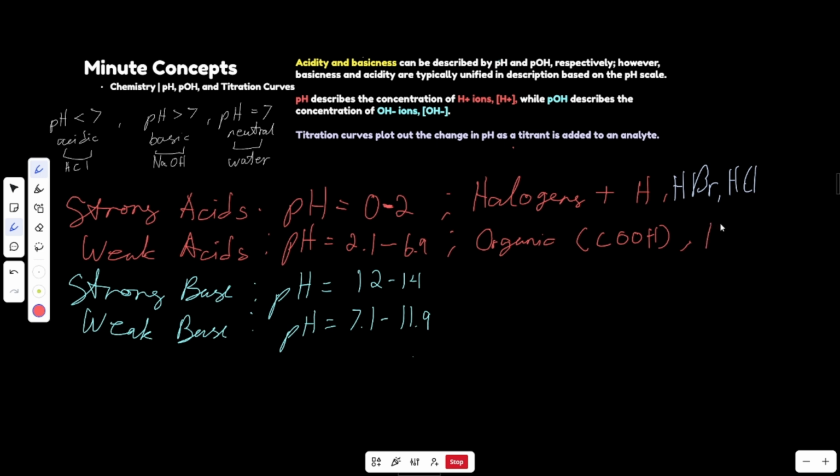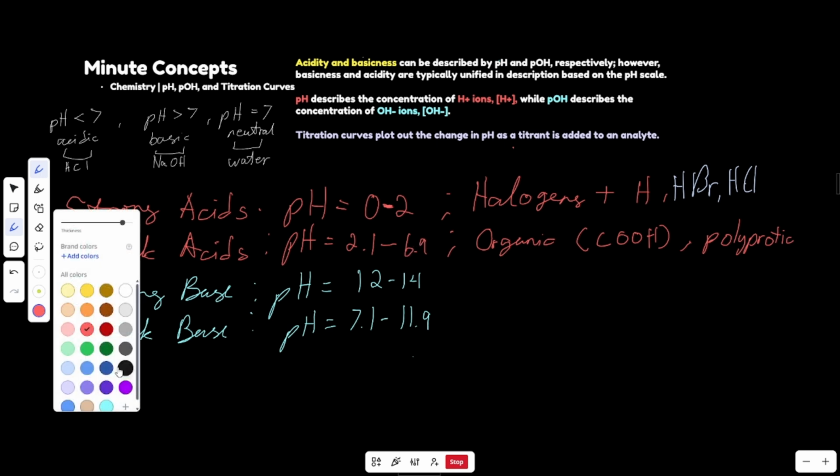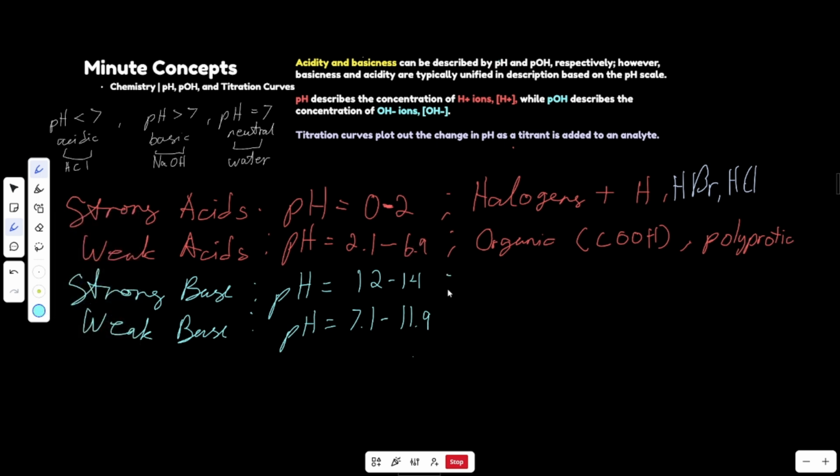Also, if it has more than one hydrogen, so if it's polyprotic. Now for strong bases, they're typically when you have group 1 or group 2 metals. So we have the alkali and alkaline earth metals.